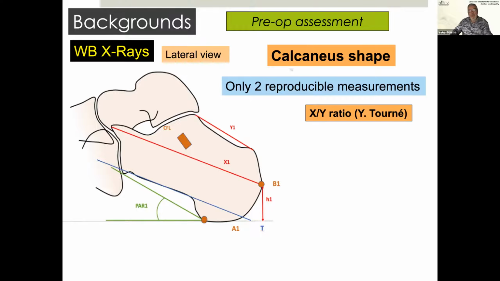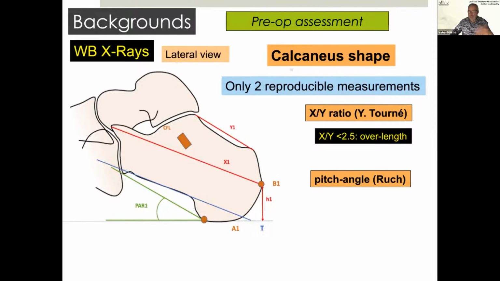The first one, I have the privilege to define, is a ratio of X, which is the overlength of the calcaneus, to Y, which is the length only of the greater tuberosity. When this ratio is under 2.5, that means there is an overlength of the calcaneus, and it is more often related to pain in the back aspect of the calcaneus.